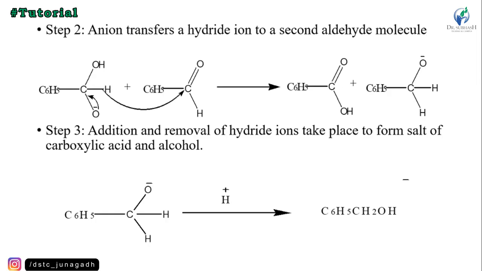Not the alcohol itself but a derivative of the alcohol. Addition and removal of the hydride ion take place to form the salt of the carboxylic acid and the alcohol.